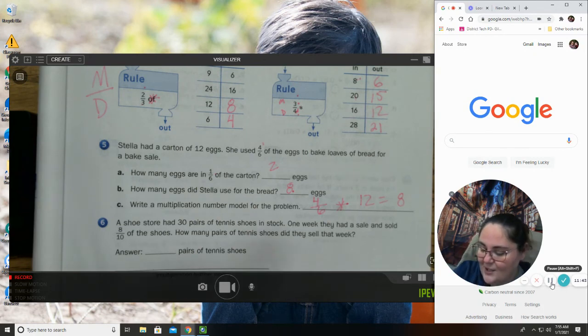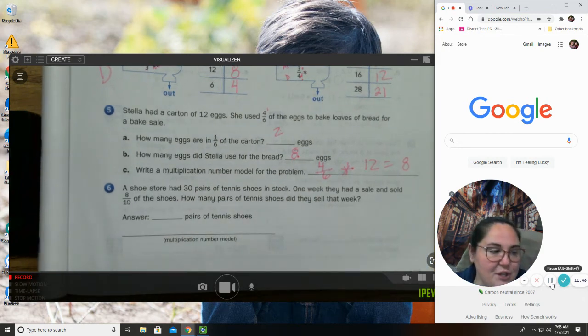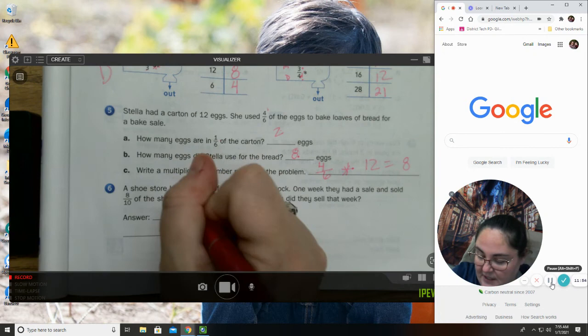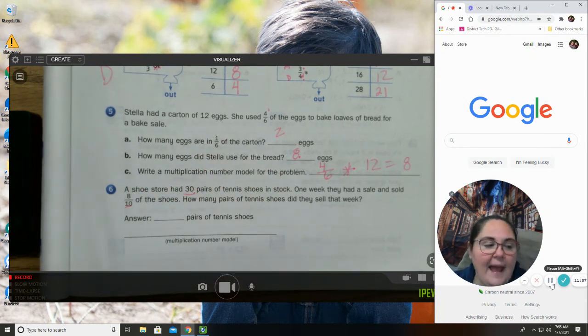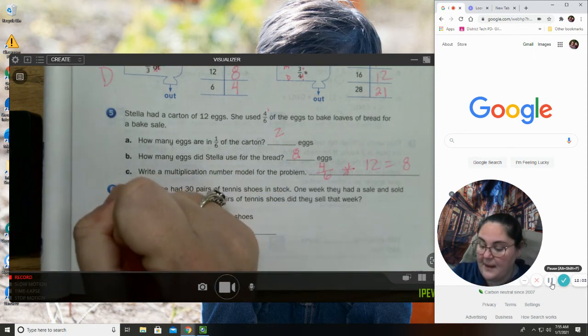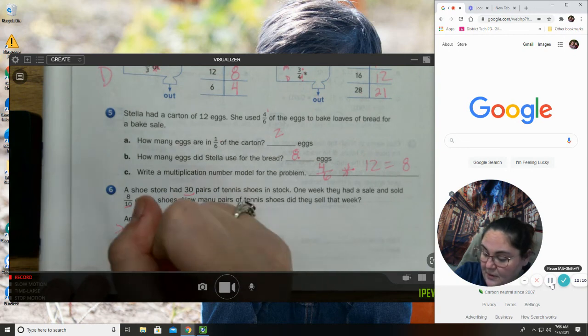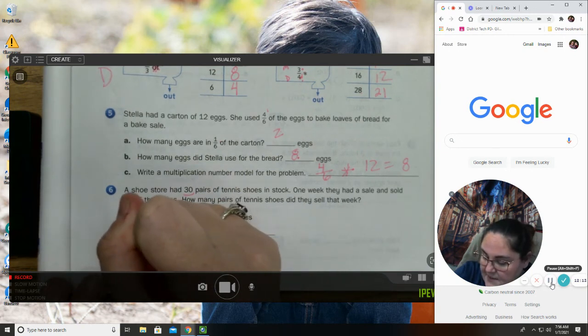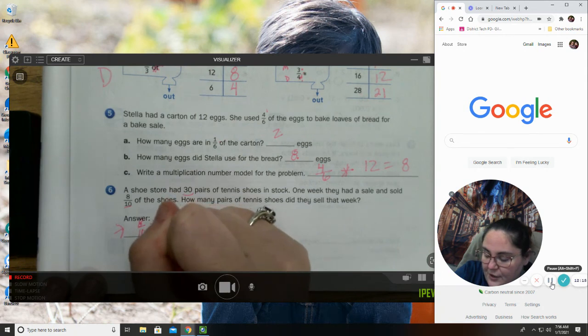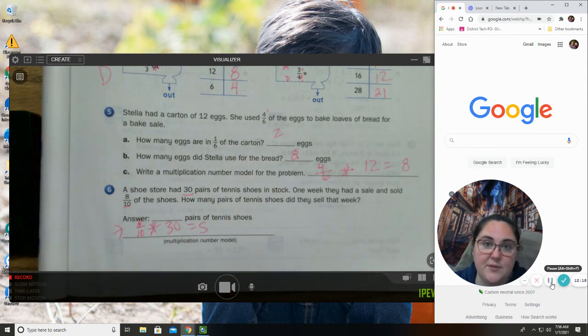All right, last question of the day. It says, a shoe store had 30 pairs of tennis shoes in stock. One week they had a sale and sold 8/10. Okay, so they started with 30 and they sold 8/10. How many pairs of tennis shoes did they sell that week? I want you to start by writing your number model. What multiplication number model should we use? For your number model, you actually would do 8/10 times 30 equals S. That's what I would use because it's 8/10 of my shoes.